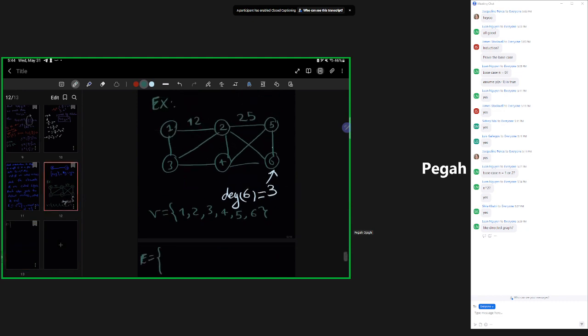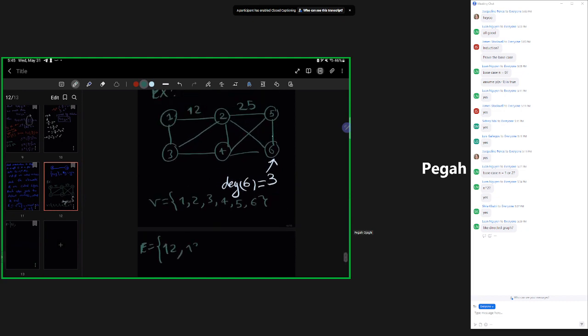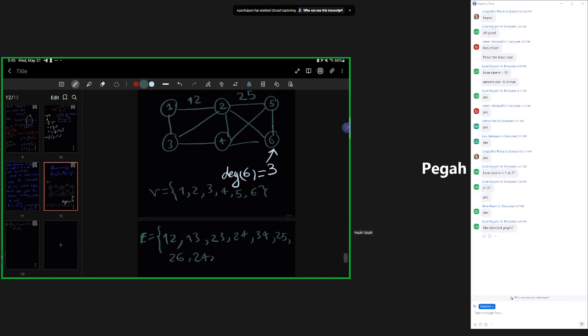I have a connection between 1 and 2, 1 and 3, 2 and 3, 2 and 4, 3 and 4, 2 and 5, 2 and 6, 4 and 5, 4 and 6, 5 and 6. I think I wrote all of them, 10 edges.